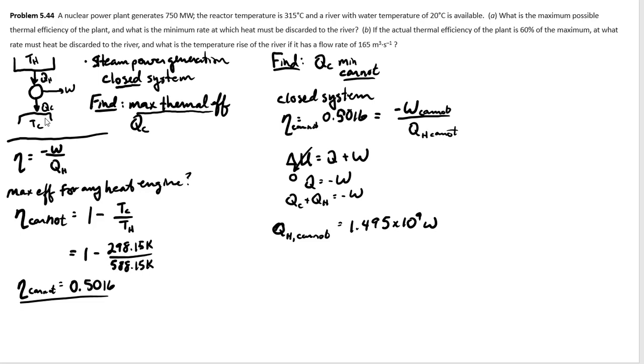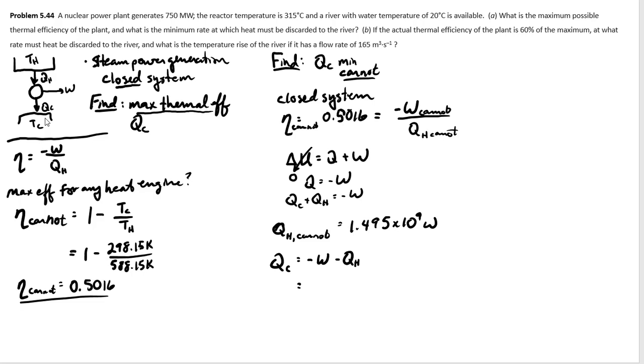So what I did was I plugged in minus 750 megawatts, so that's 10 to the 6 watts. I get 1.495 times 10 to the 9th watts for QH. And then I have QC is equal to minus W minus QH. So all I've done is move QH over there.